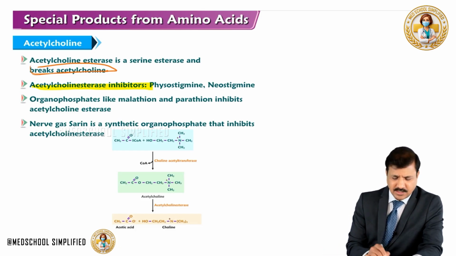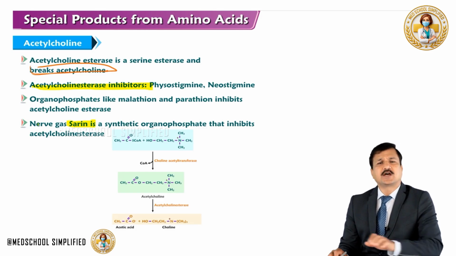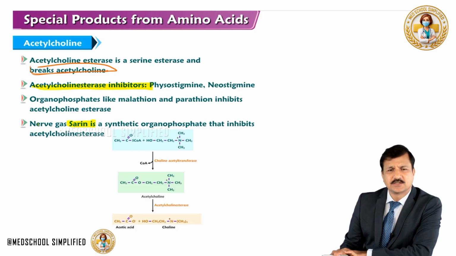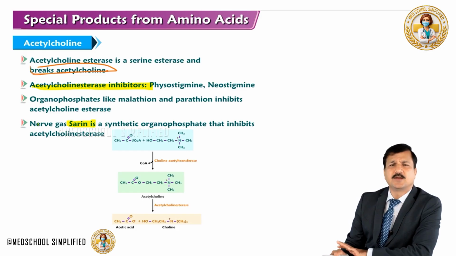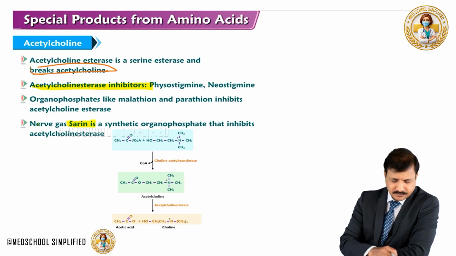That includes nerve gas like sarin, which are synthetic organophosphates that inhibit acetylcholinesterase. So overall, when acetylcholinesterase inhibitors are used, there will be an increase in acetylcholine levels in the neuromuscular junction, and that basically increases the parasympathetic action.